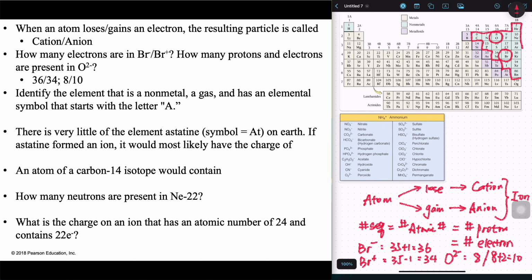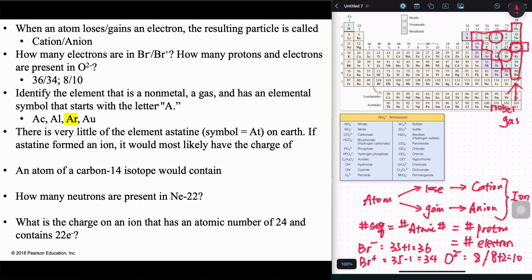And it's also saying it is a gas. So which column represents gas? This column, because we know this column is called the noble gases, right? And it starts with the letter A. Let's see which element starts with letter A. Oh, I got it. It's argon. So the answer for question number 3 is argon.